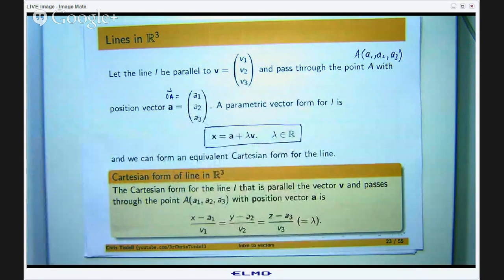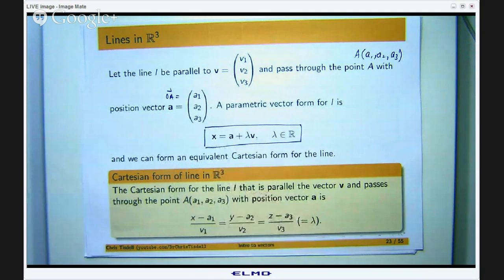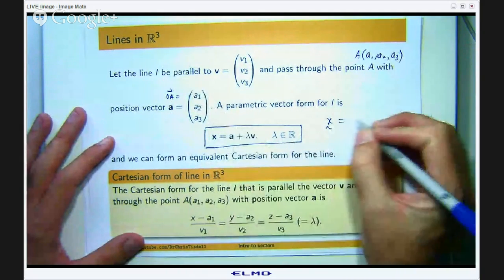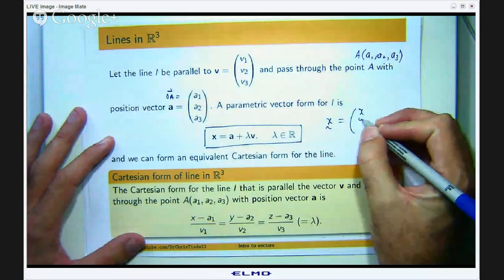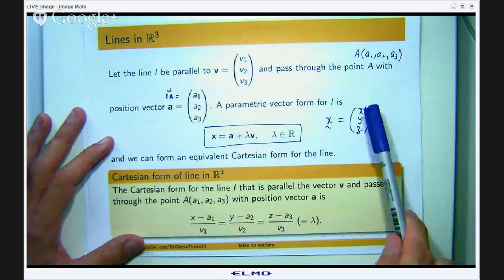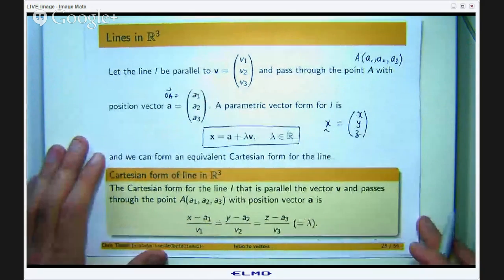And the parametric vector form for L is the following. Now, this boldface x, at least in 3 dimensions, is just going to be this column vector x, y, and z. Some people write this as x1, x2, x3, so you can easily go up to n dimensions. Well, I'm not going to do that.